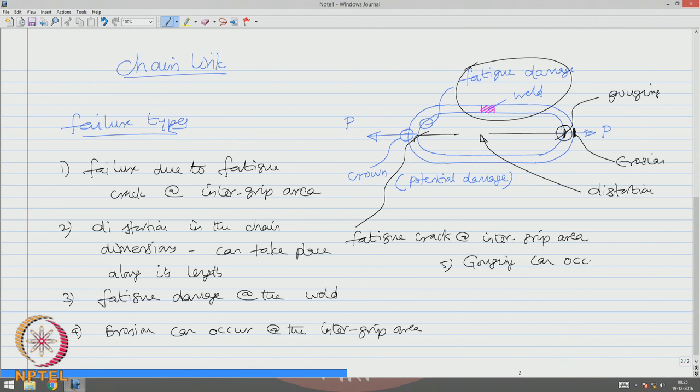Gouging can occur on the external surface, which can lead to propagation of cracks. So, there are different failure types by which a chain link can fail, and when the chain link fails, obviously, we understand that the station keeping of the floating vessels cannot be ascertained.